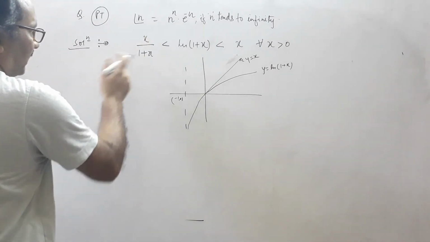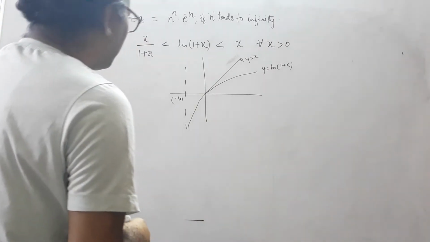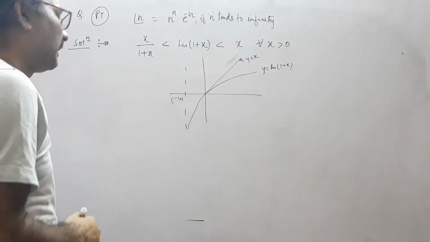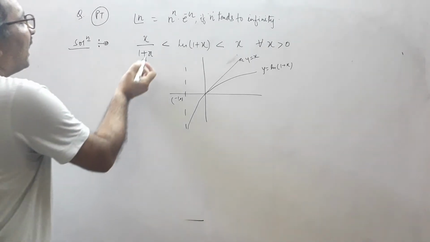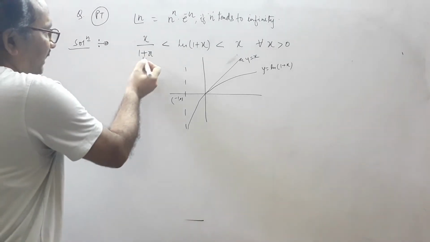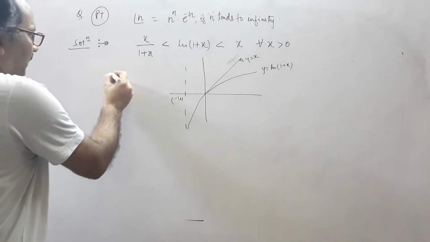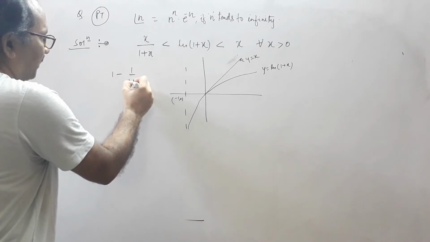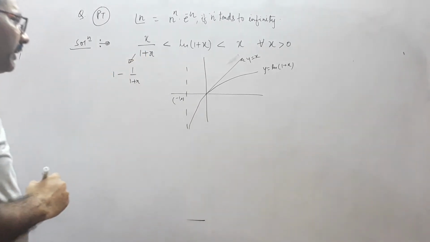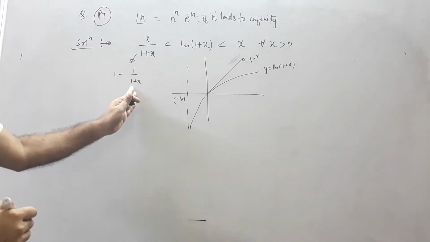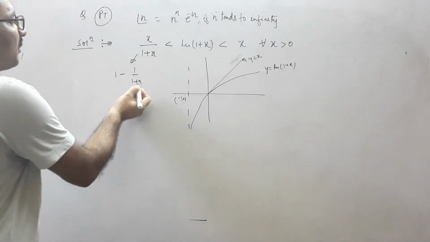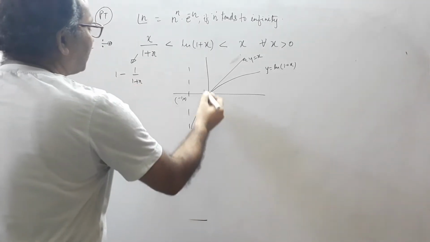And if we draw the graph of x divided by 1 plus x, we can write it as 1 minus 1 by (1 plus x). Then at x equal to minus 1 from the right, it will go to minus infinity.